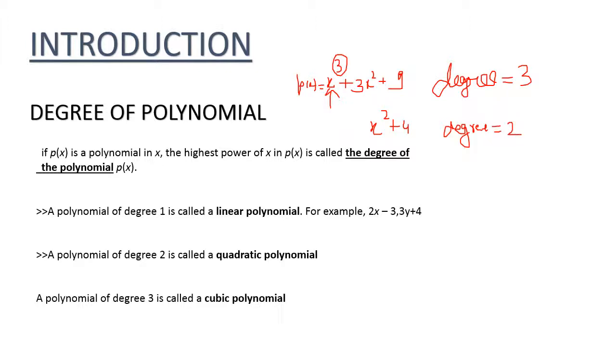So what do we mean by degree of a polynomial? If P(x) is a polynomial in x, the highest power of x in P(x) is called the degree of the polynomial. A polynomial of degree 1 is called a linear polynomial, a polynomial of degree 2 is called a quadratic polynomial, and a polynomial of degree 3 is called a cubic polynomial.